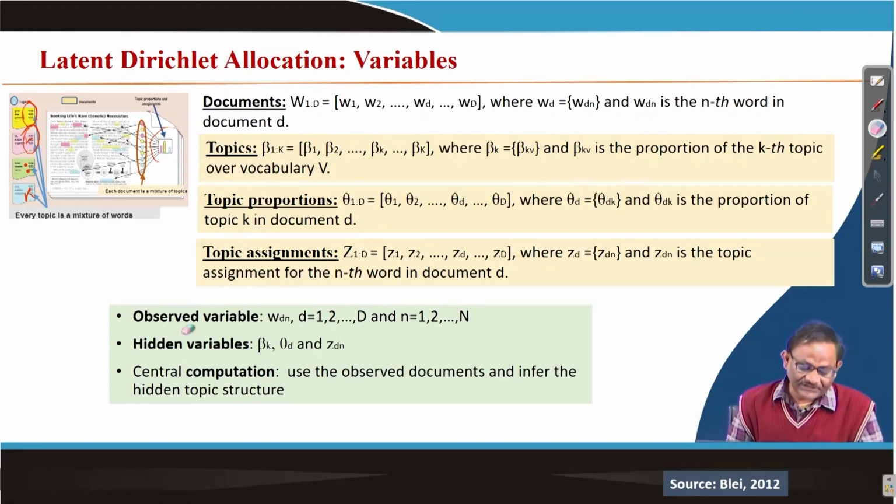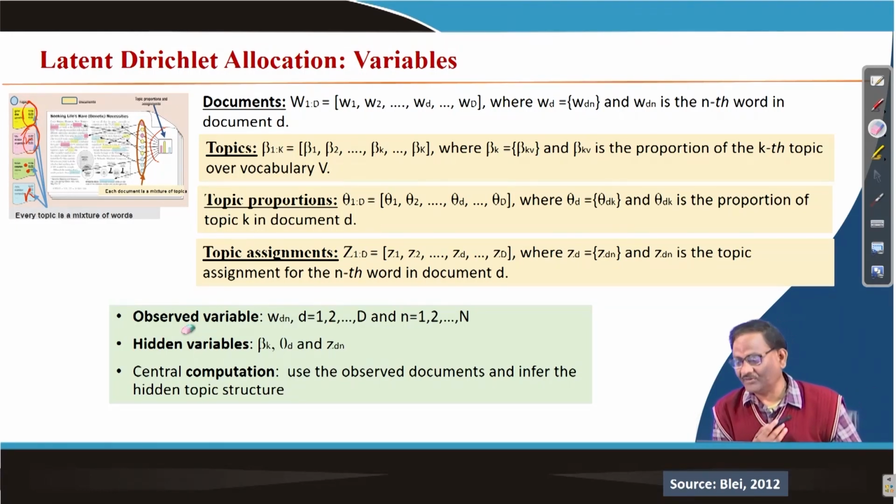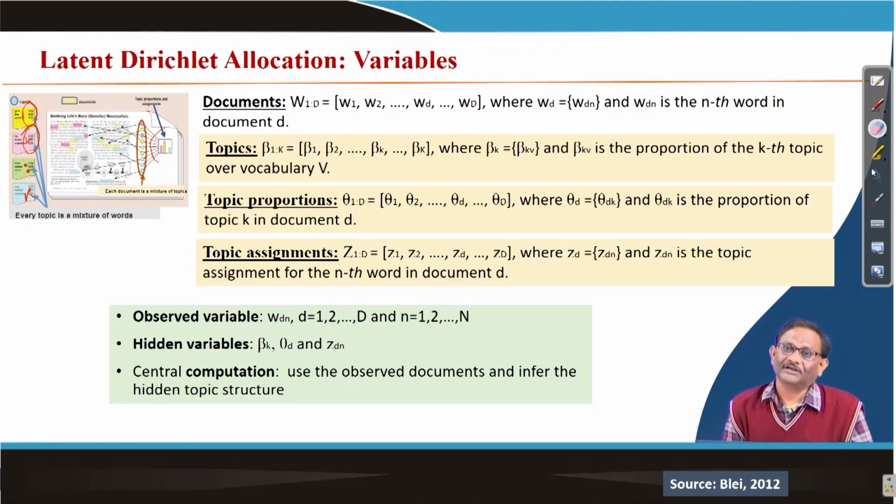So when we talk about the topic structure, we talk about what the hidden variables are and what the relation between them is. If I say assign or allocate, then I have to go specifically for a particular word or a particular topic for a document, or a word to a topic.